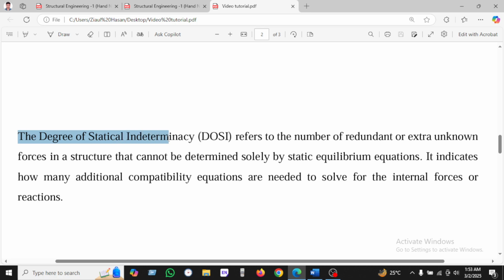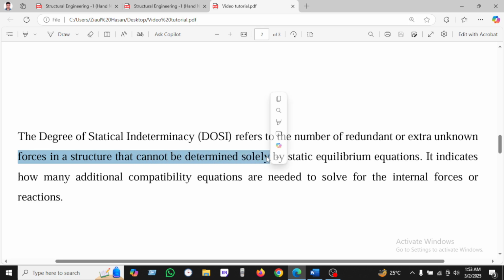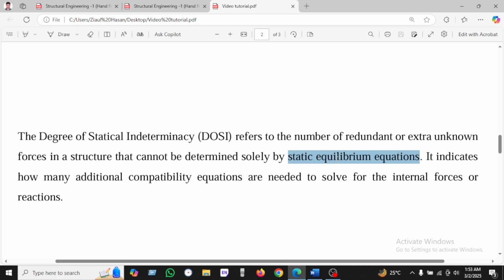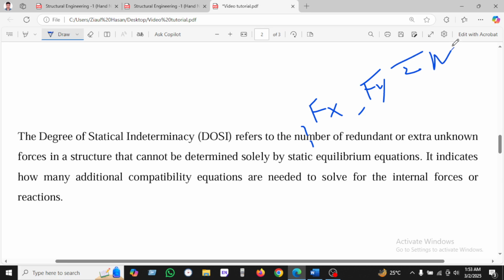The degree of statical indeterminacy, DOSI, refers to the number of redundant or extra unknown forces in a structure that cannot be determined solely, that is, only, by the statical equilibrium equations. As we know, the statical equilibrium equations are summation of Fx, summation of Fy, and summation of moment.